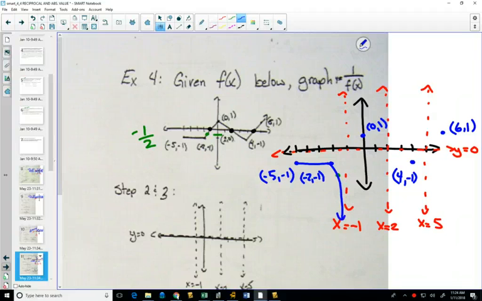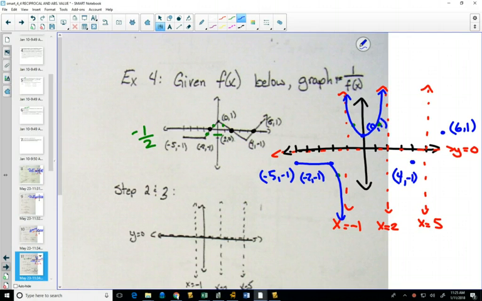And same thing here, we could take values here and here, the y value would be positive a half. If you did the reciprocal of positive a half, you would get 2 over 1. And so that tells us that in this section, our graph is going up towards our asymptotes.